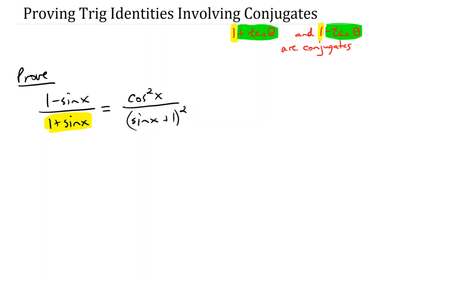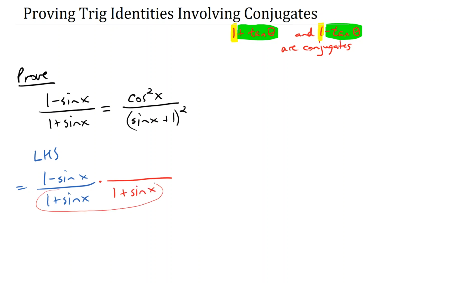So the first thought is, well, I can take the left-hand side and I can at least make my denominator match the denominator on the right-hand side. And the way to do that is to take the 1 minus sine x over 1 plus sine x on the left-hand side and multiply the bottom by another 1 plus sine x, because when I multiply those together, it gives me 1 plus sine x squared, which is what I need on the right.